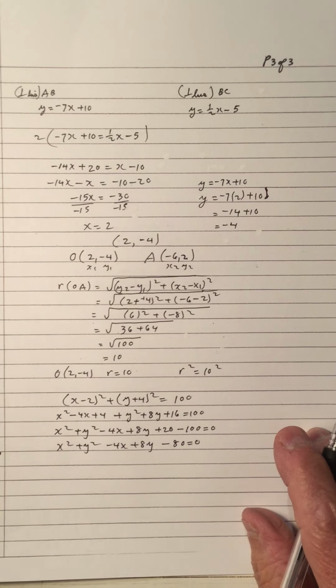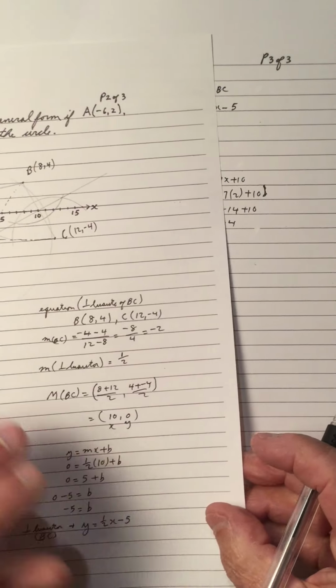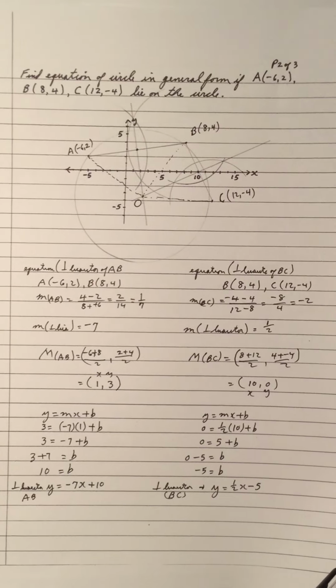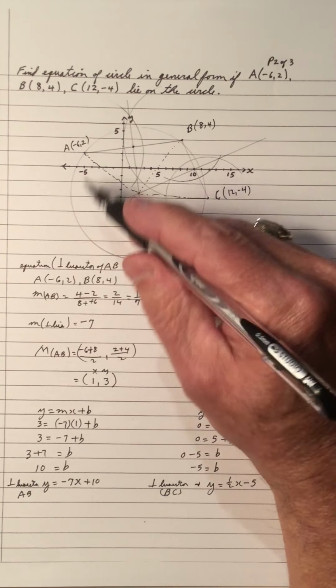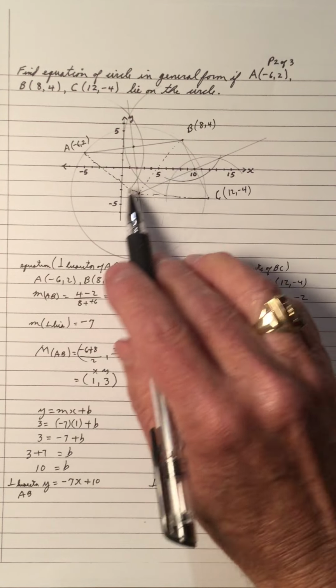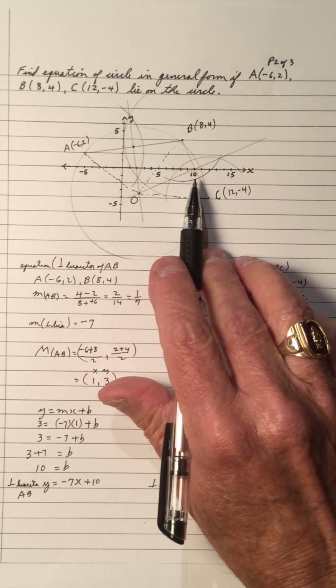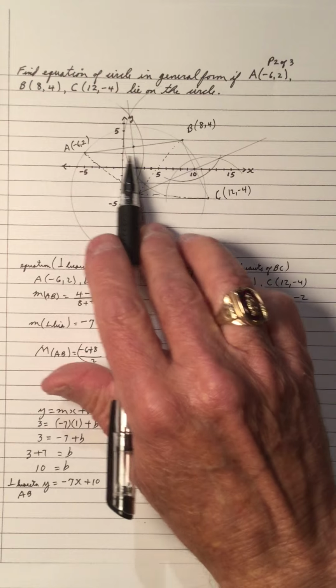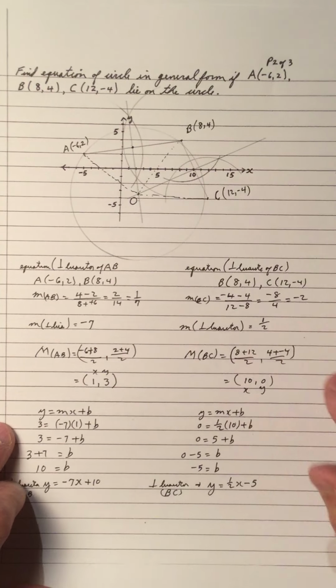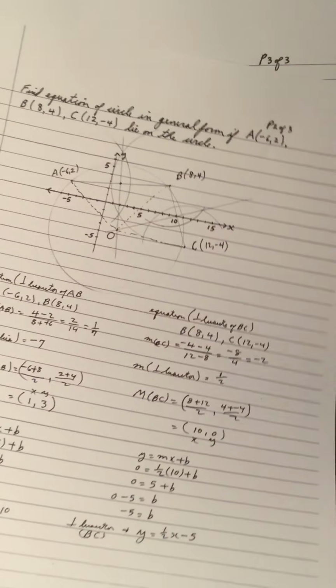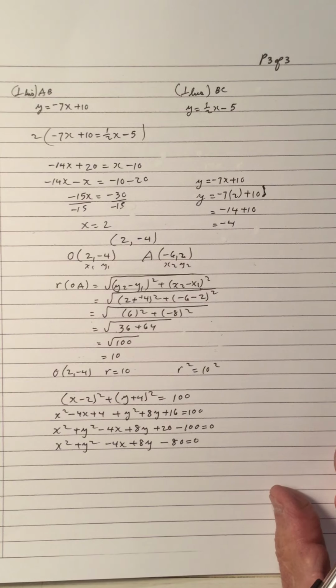So to sum it all up, I gave you 3 points. I drew the grid and plotted the perpendicular bisectors which intersected here, and then I worked it out algebraically. Notice the math that's required.